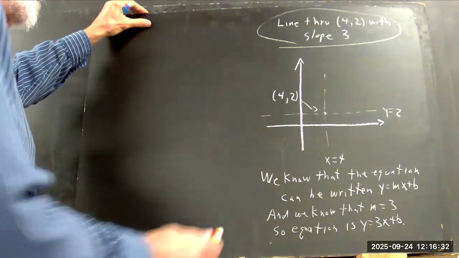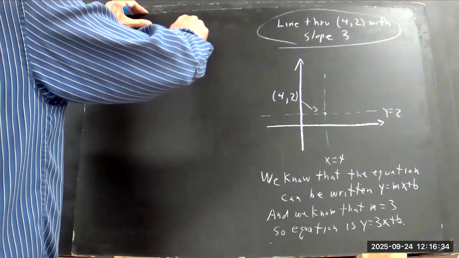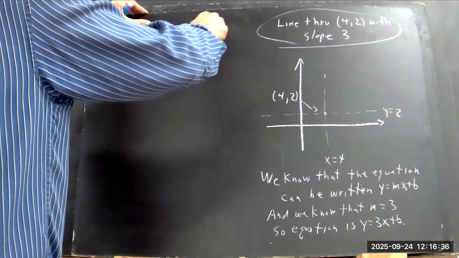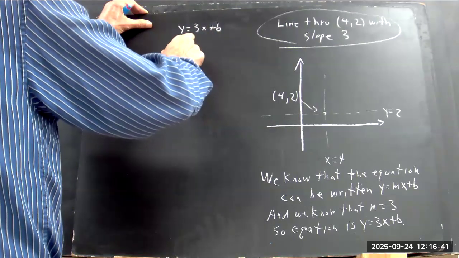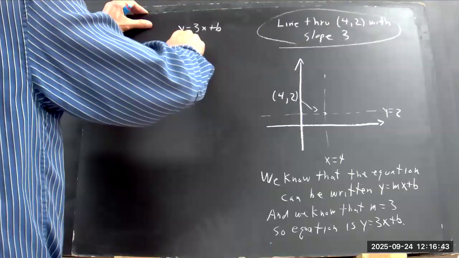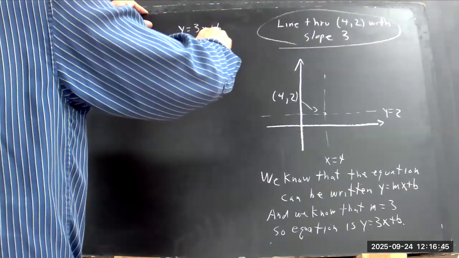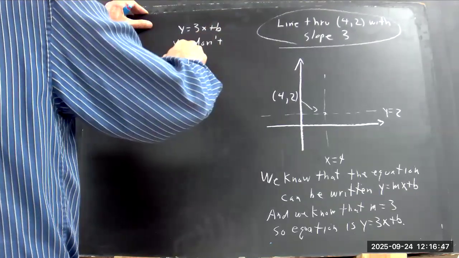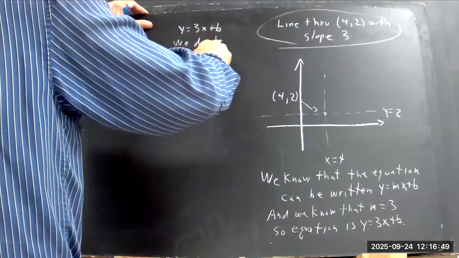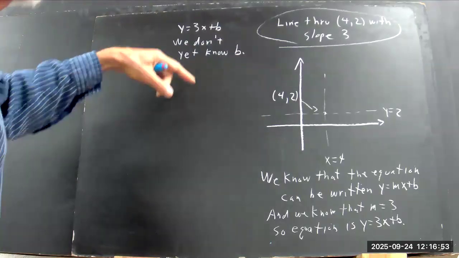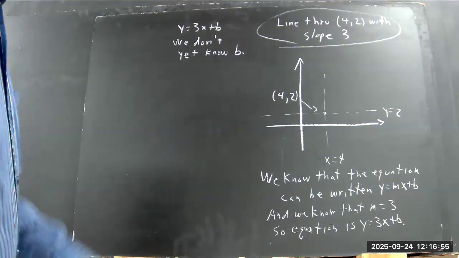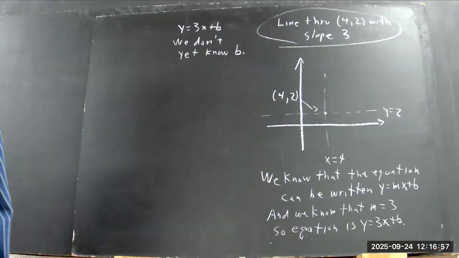So the equation is y equals 3x plus b, which I'll put up here. We don't yet know what b is, but once we know what b is, we have the equation.